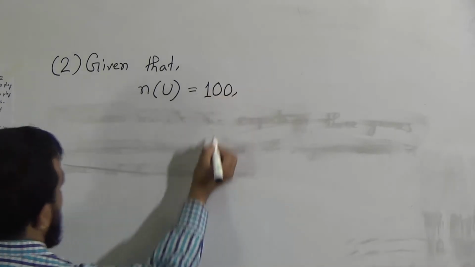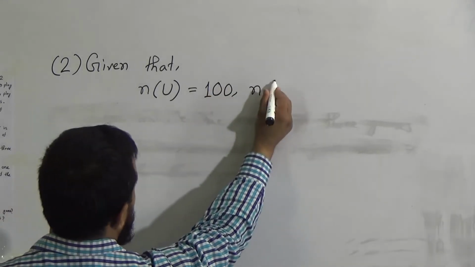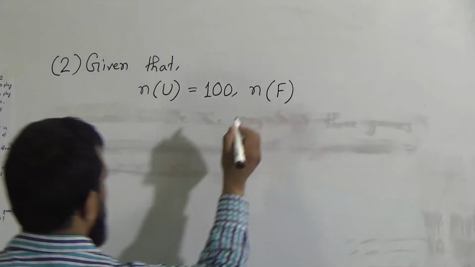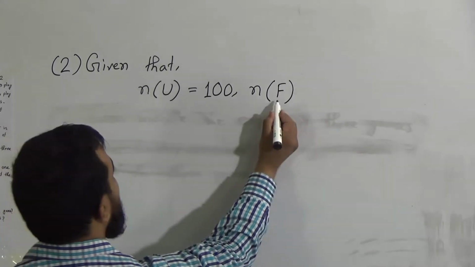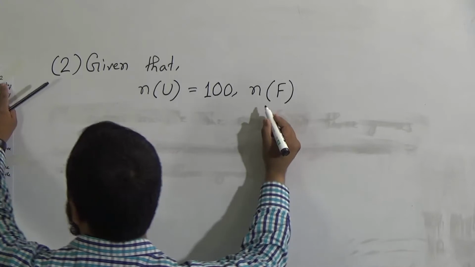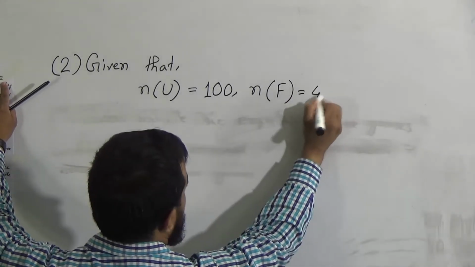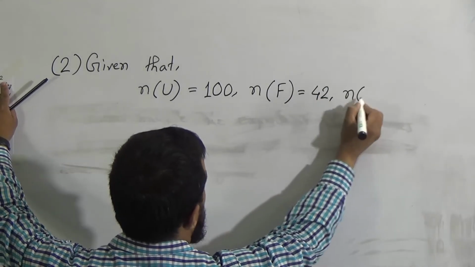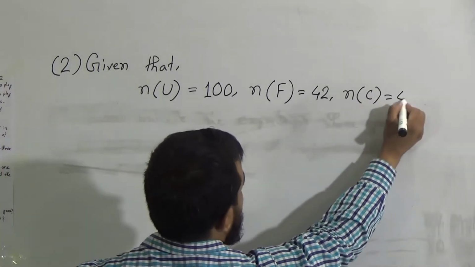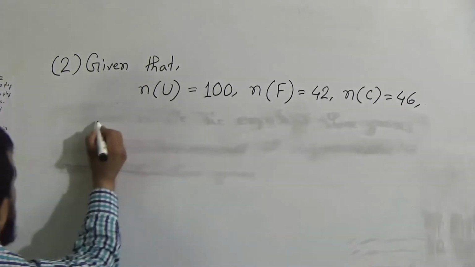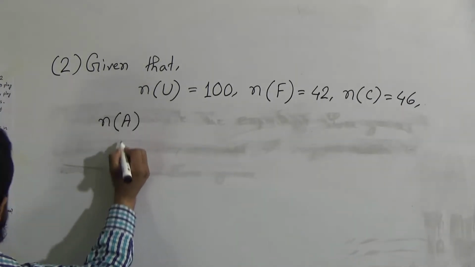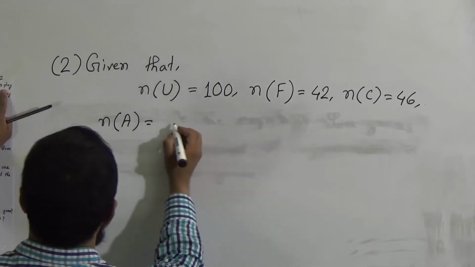Now the number of elements of F, that means the number of football students, those who play football or are expert in football, is 42. The number of elements of cricket is 46. Now the number of elements of chess, indicated as the set A, is 39 students.